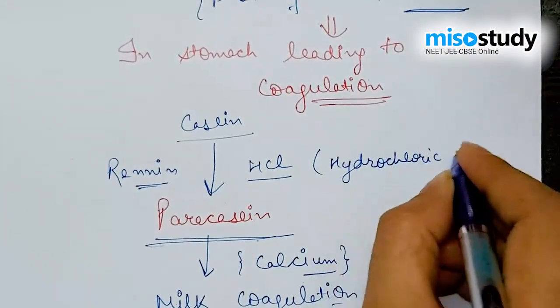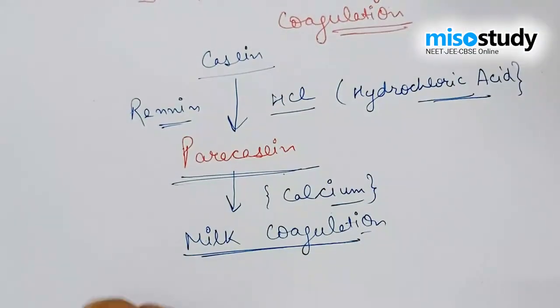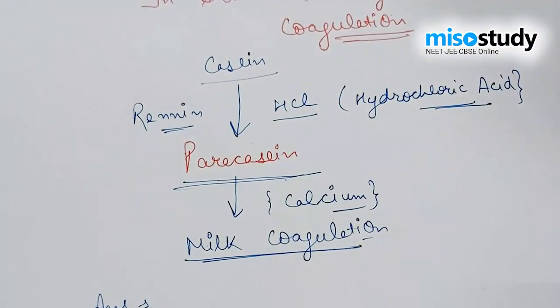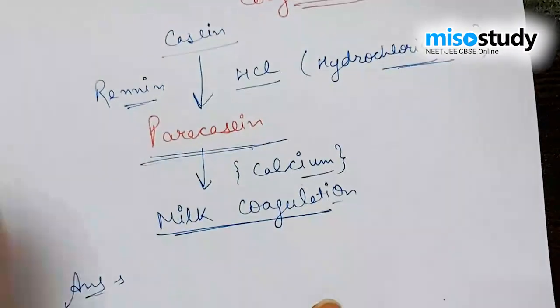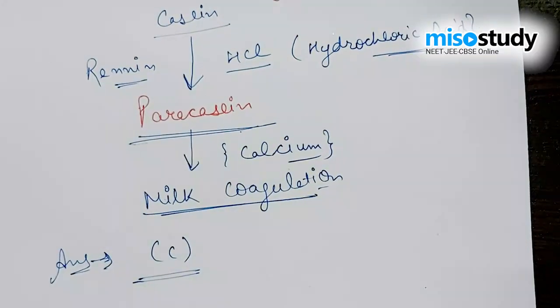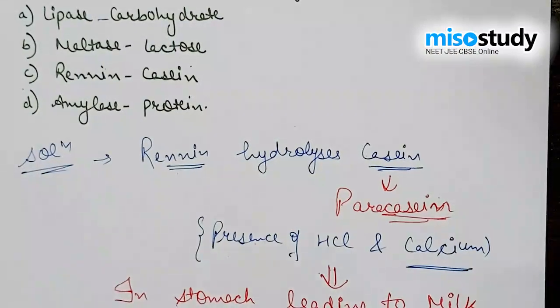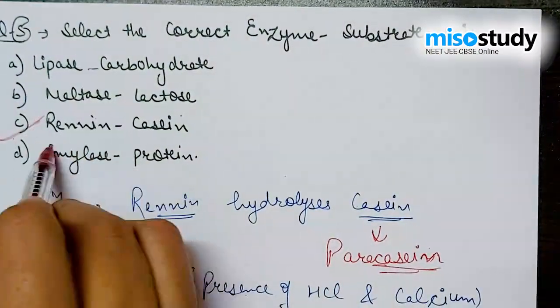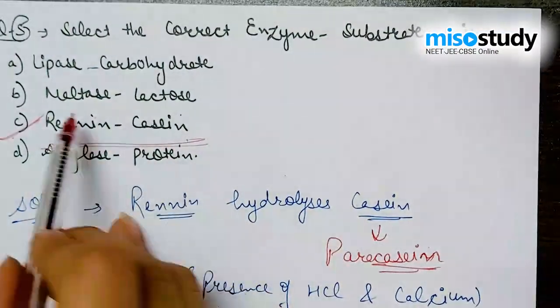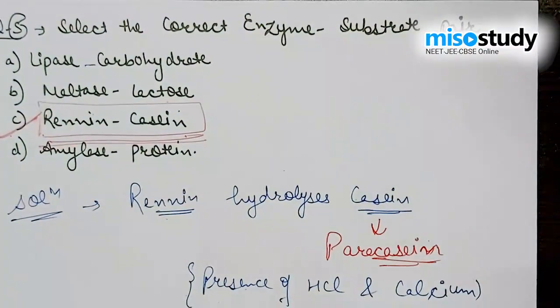So according to the discussion, the right answer for the question is option C. Select the correct enzyme pair: renin and casein is the right one.